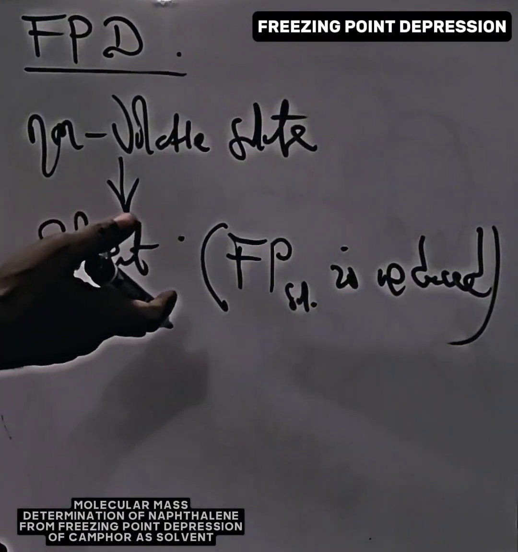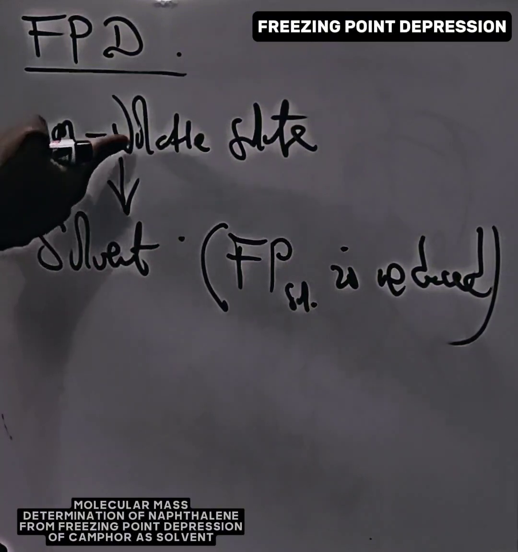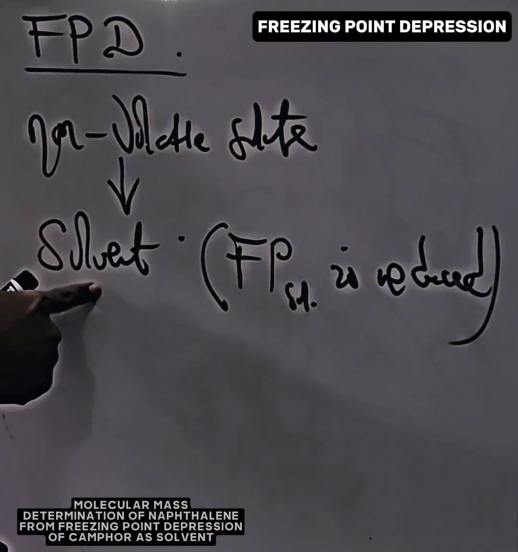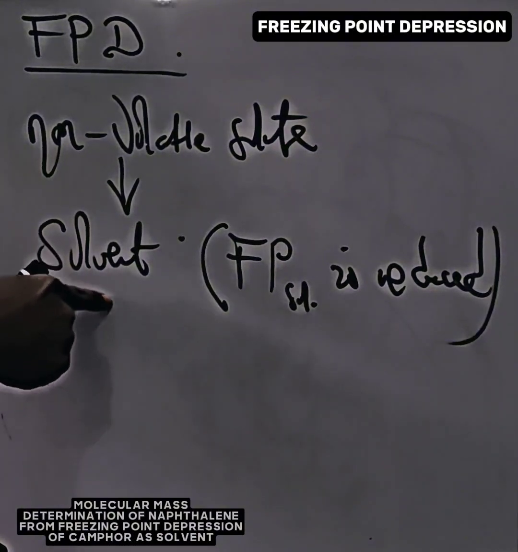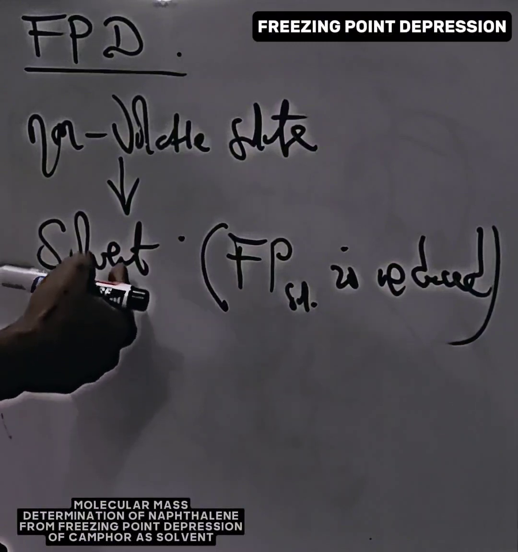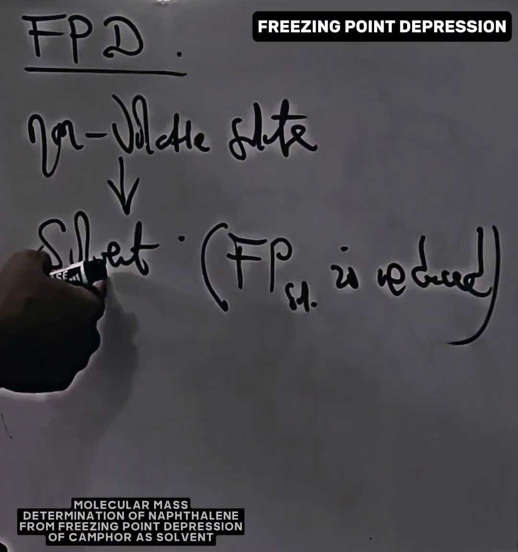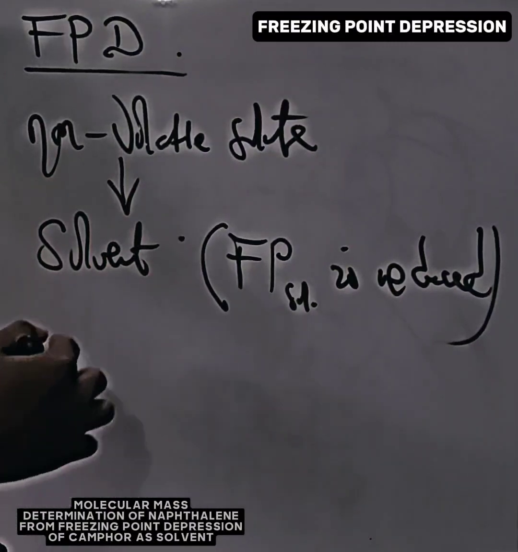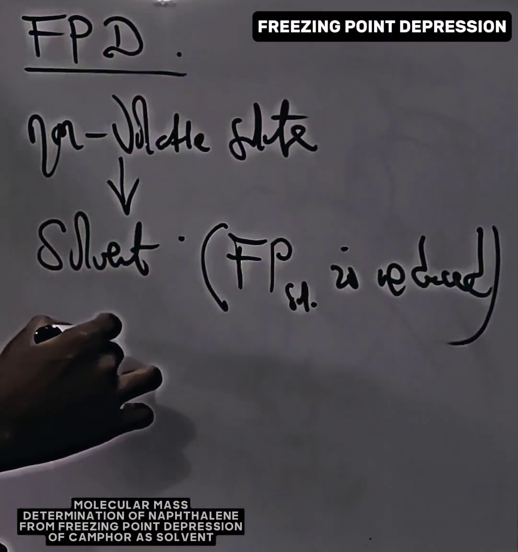This occurs as a result of the solute distorting the crystal structure, or the crystal lattice, of the solvent, thereby making it more difficult for the solvent molecules to freeze or arrange themselves into a solid structure.